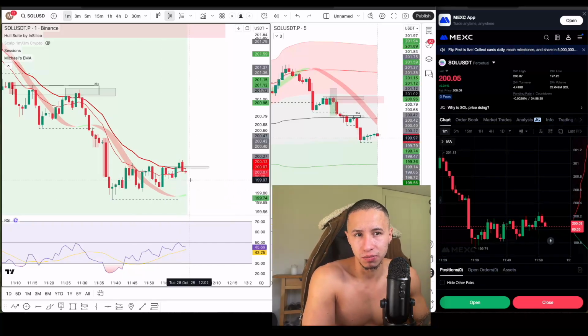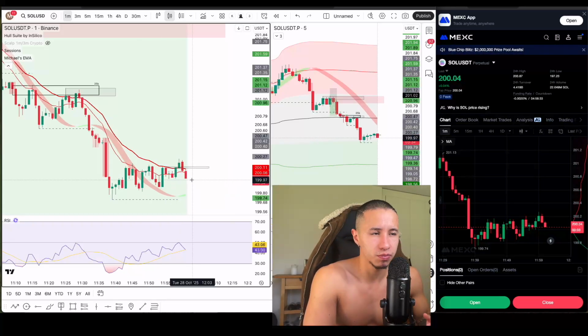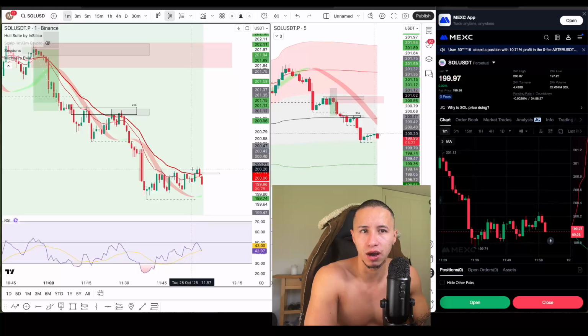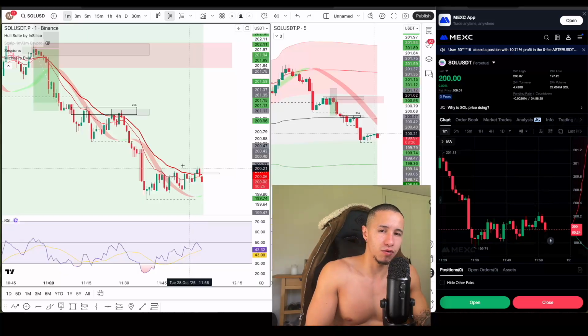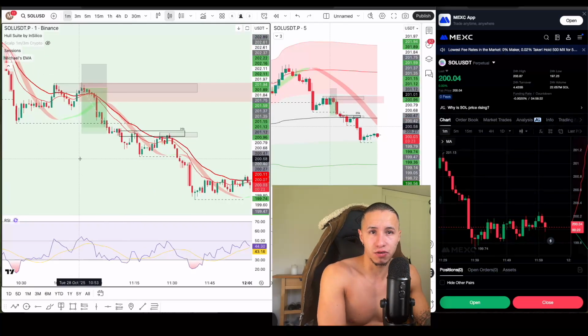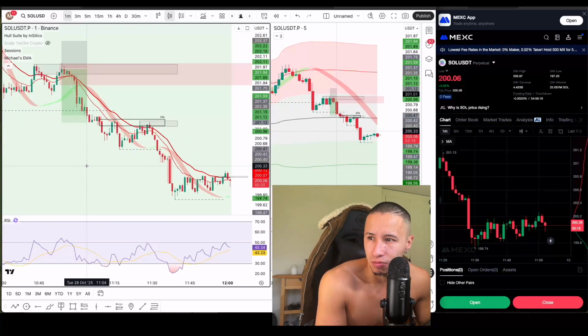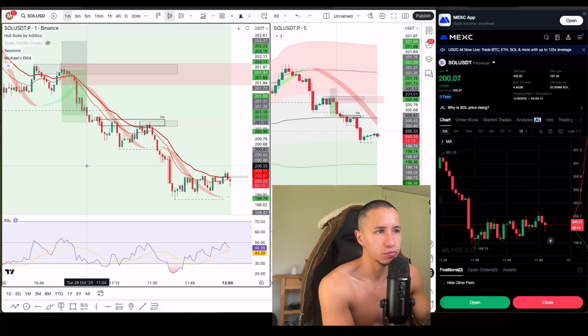There is a setup, but it's not high quality, and I don't want to take anything that is not high quality. I just want to focus on the high quality moves. Because if I wanted, I could take like 5 trades a day, but I don't want to take trades that are not high quality. And that's what I'm focused on right now.